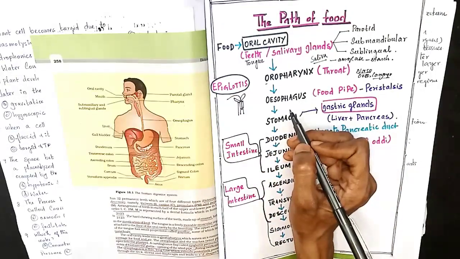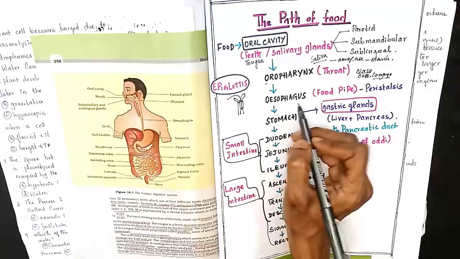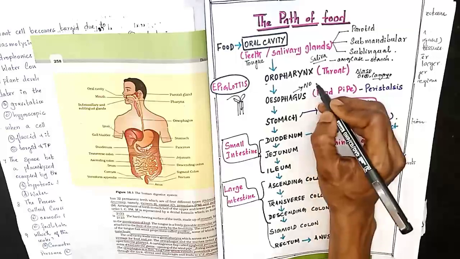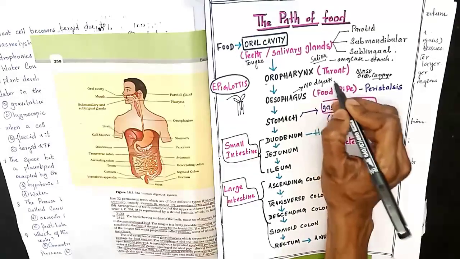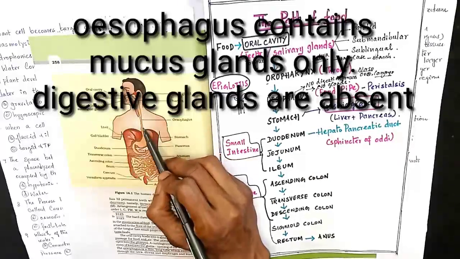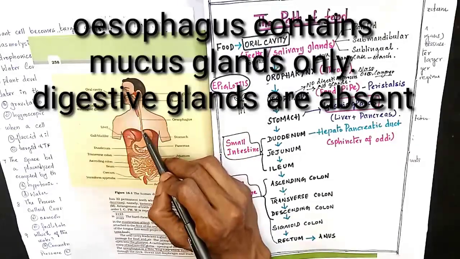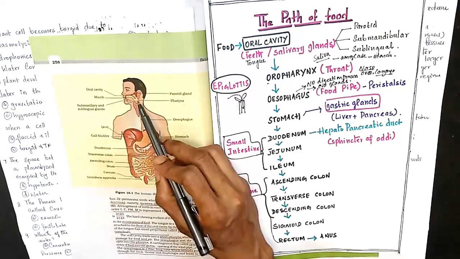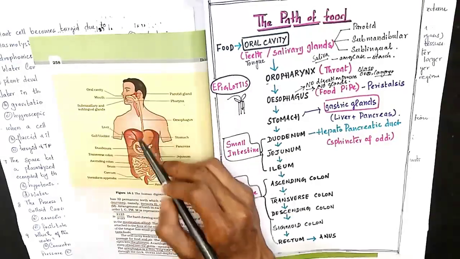Is there any digestion process taking place in the esophagus? No. Inside the esophagus there is no digestion process. What is the use of esophagus then? Food just travels down. It helps in movement of the food into the stomach. So from the oral cavity it enters the stomach through the esophagus, the muscular tube.